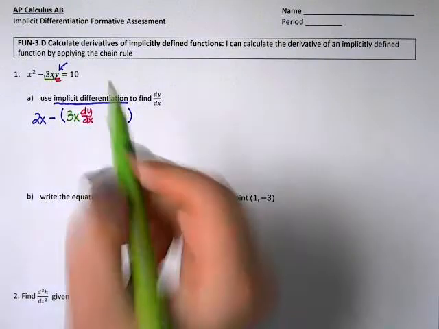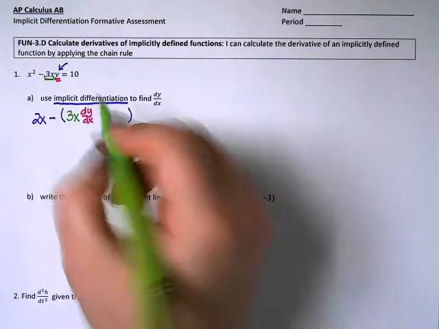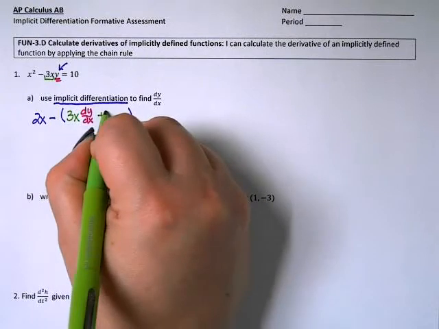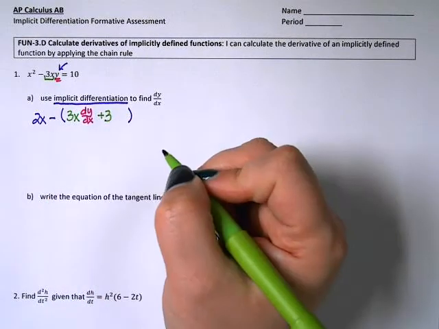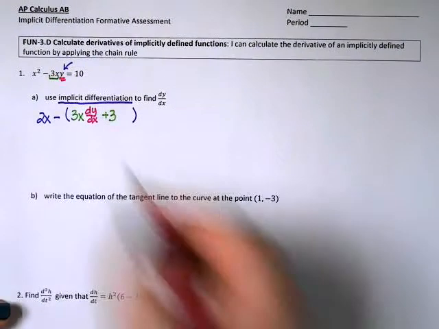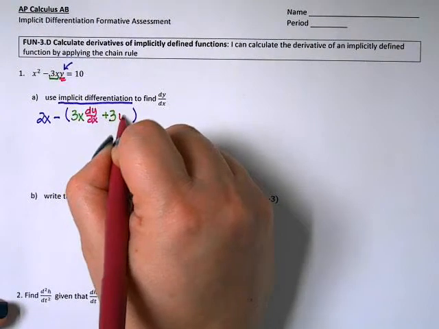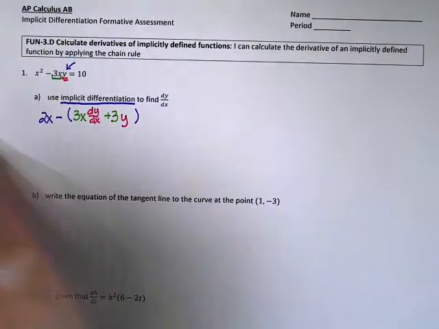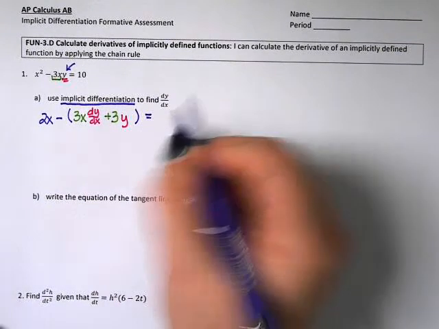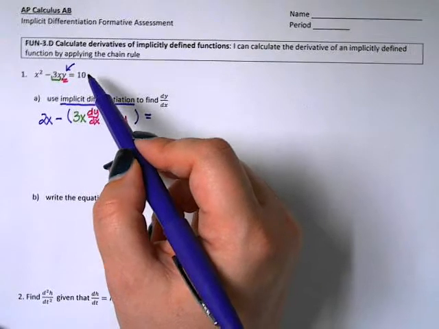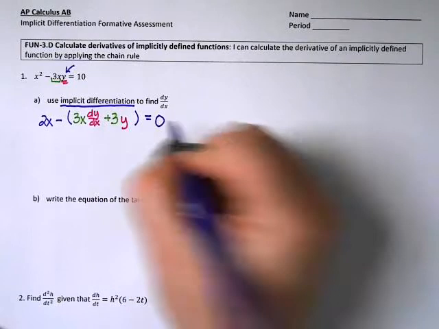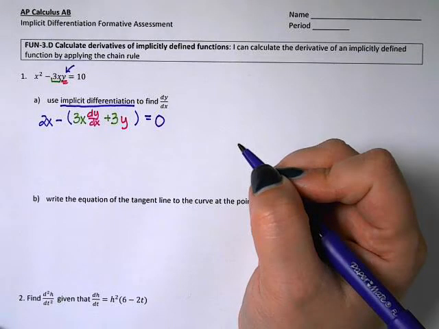And then I'm going to take the derivative of my first function, which is 3x. So the derivative is 3, and I'm going to multiply it by my second function, which is just y. And then I've got an equal sign, and the derivative of 10 is just 0. So now I need to find dy/dx.